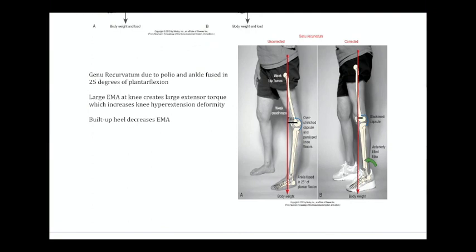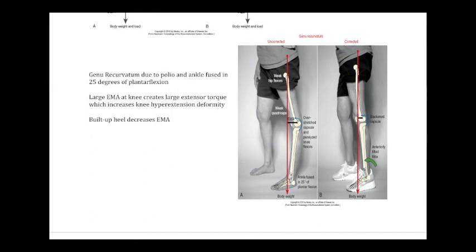There is also this thing, and it's not as common now because polio is not as common, but in the past, with things like polio, where the knee muscles became paralyzed or weak, we had this problem of genu recurvatum, which is due to polio or an ankle fusion, whatever.